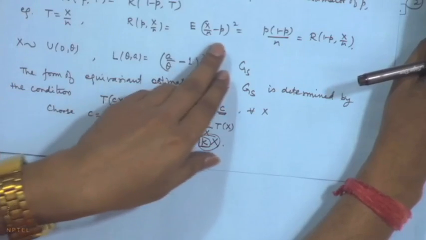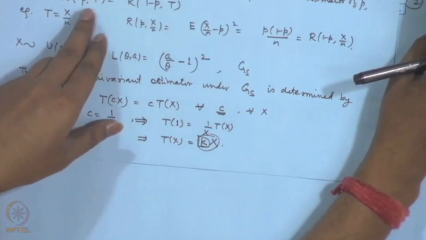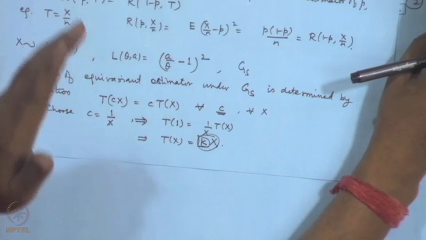Now, when we start the reduction, we have to find the equivariant estimator. We have seen one example here in the binomial case. The condition that we are getting here is that we should have T(n minus x) equal to 1 minus T(x).